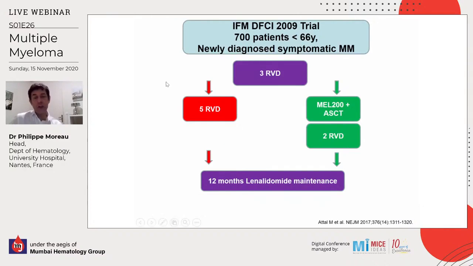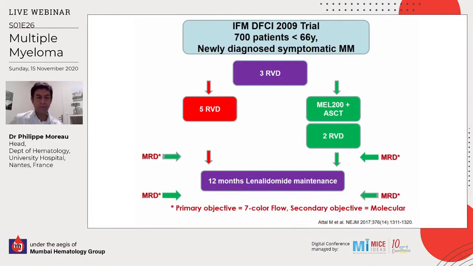This is the French study for young patients eligible for autologous stem cell transplantation. The paper was published in 2017 in the New England Journal, the 2009 study. We randomized 700 young patients to receive either VRD without stem cell transplantation or VRD plus stem cell transplantation. And in the 2 arms of the study, patients subsequently received lenalidomide maintenance during 1 year.